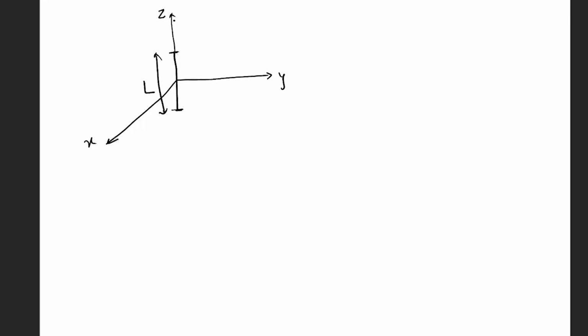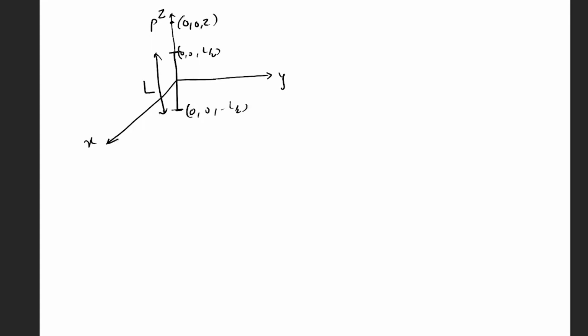So let us say we want to calculate the field along the z-axis. Let us say this is point P where we want to calculate the field. So what we will do, we will calculate the potential at this point. Let us say this point is at 0, 0, z, and this is 0, 0, minus L by 2, and this point is 0, 0, L by 2.